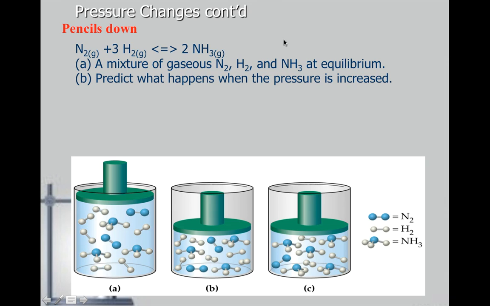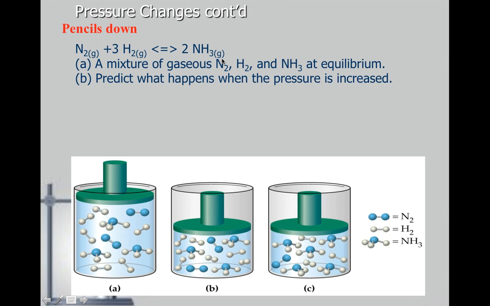Okay, so if we are going to increase the pressure on the system, remember I said that if we are under a lot of pressure, we probably want to be around less people. Okay, and in the last slide, you should have written down that if we increase the pressure, it's going to shift to the side with the fewest moles of gas. Okay, so we said we have 4 moles of gas on this side, we have 2 moles of gas on this side.